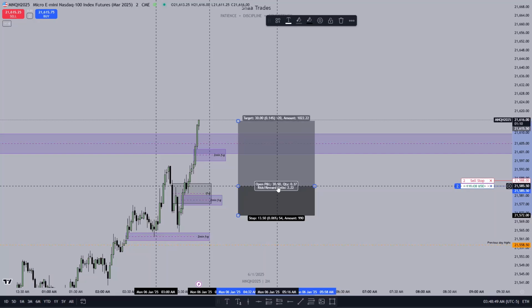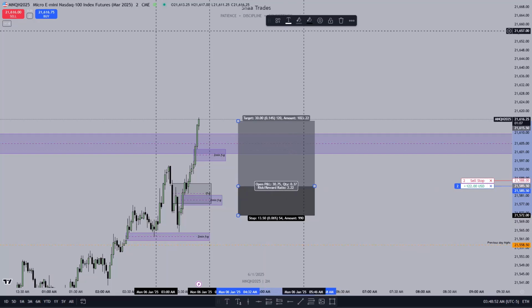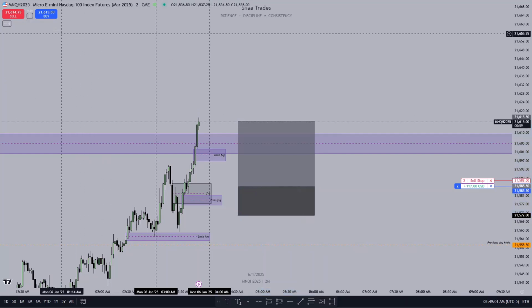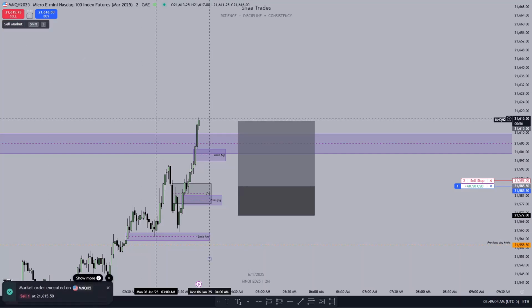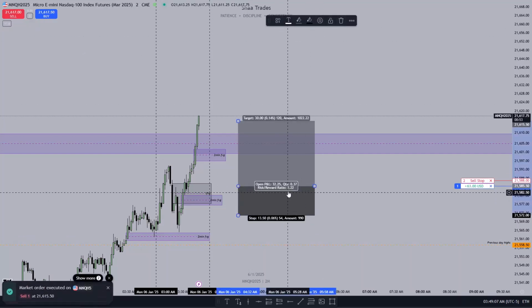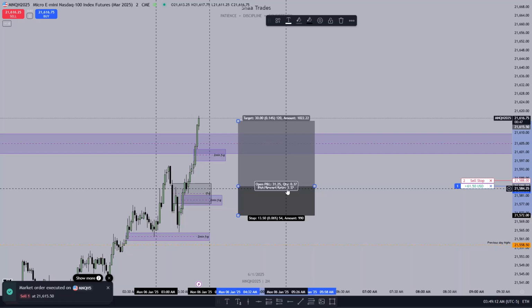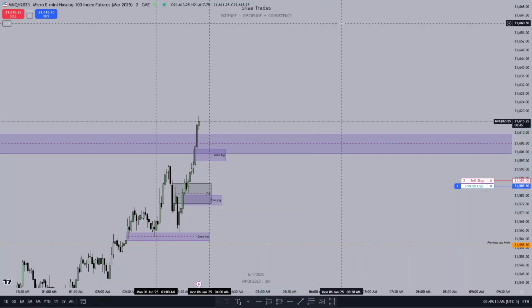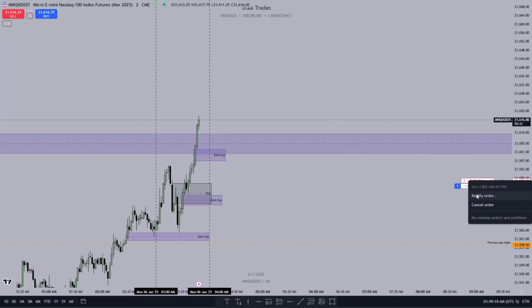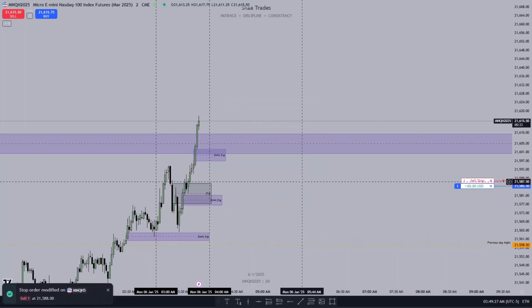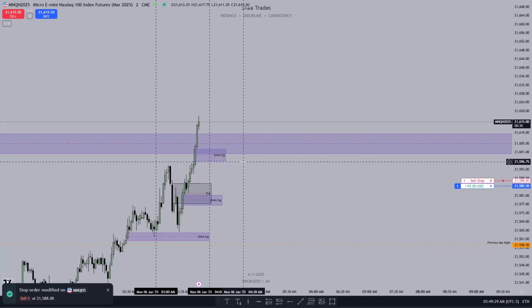I'm going to take another one off, and I'm going to leave a runner, because usually I just aim for 1 to 2, but I don't want to be greedy, so I'm going to sell another one here. I already made back what I lost on that first trade, and now I'm going to modify this to 1. And now for me, this is a risk-free trade.